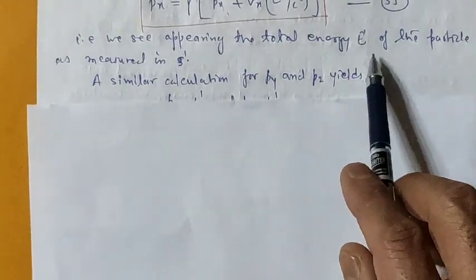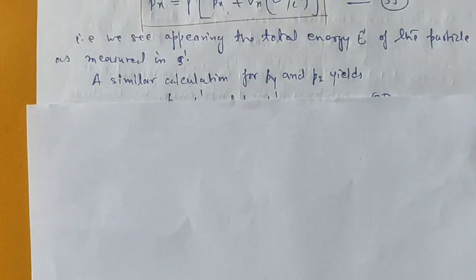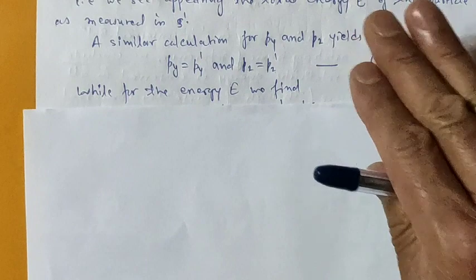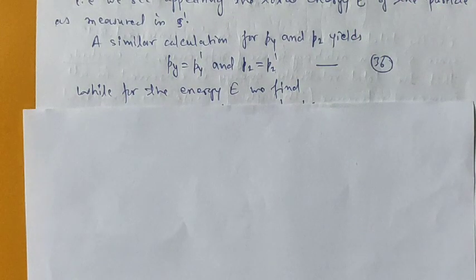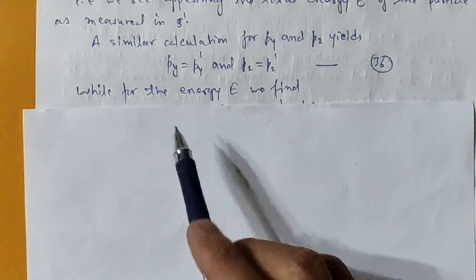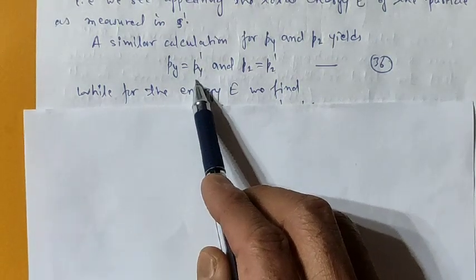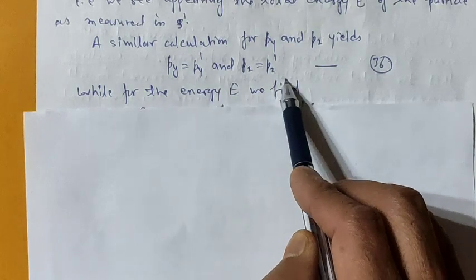So this E prime is the total energy of a particle as measured in S prime. A similar calculation for py and pz can be done, and obviously we get py equal to py prime and pz equal to pz prime, because these are the orthogonal components.